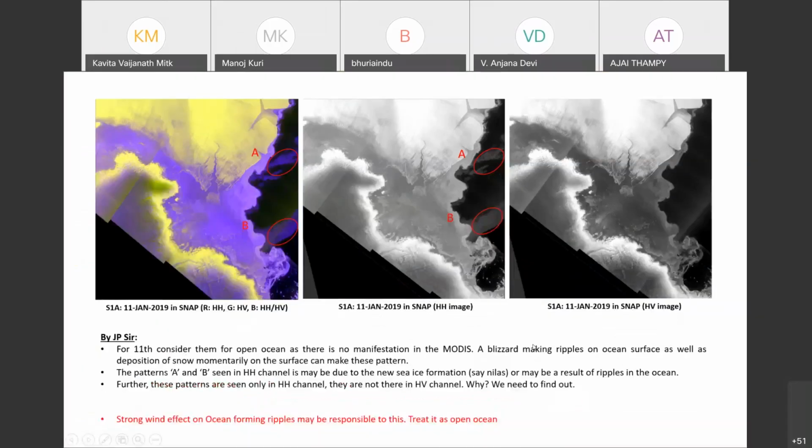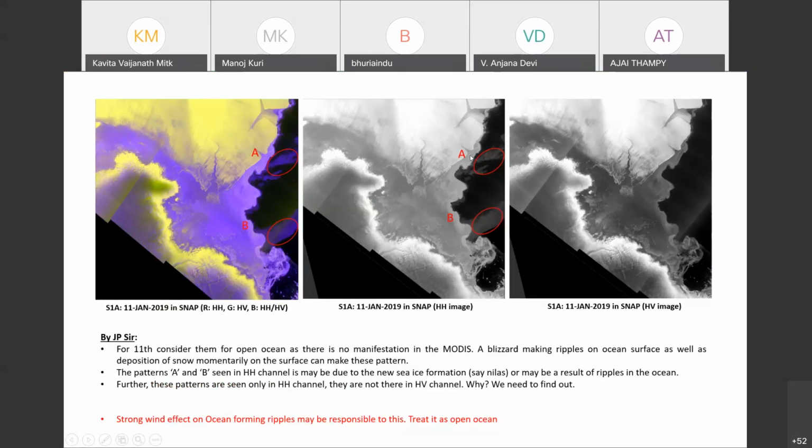So as you can see, while we analyze SAR data we also face a number of problems. This particular image is Sentinel-1 processed data from January 2019, and it is basically an RGB image.